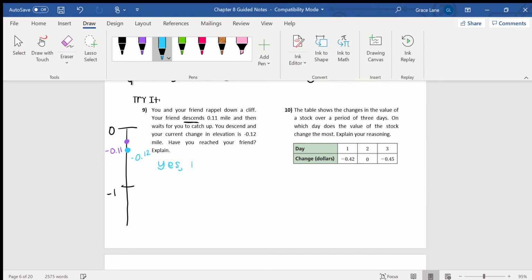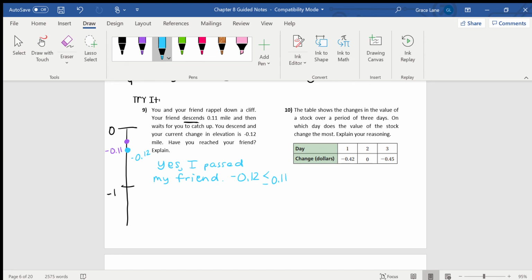Technically, you've passed your friend, because you're at a lower elevation. Because negative 0.12 is less than negative 0.11. It's farther down on the number line. Or if you made it horizontal, it'd be farther to the left.